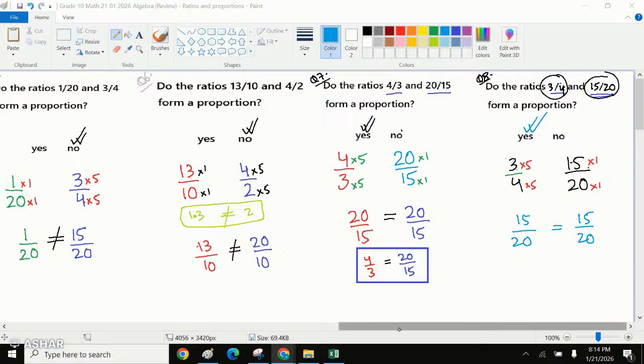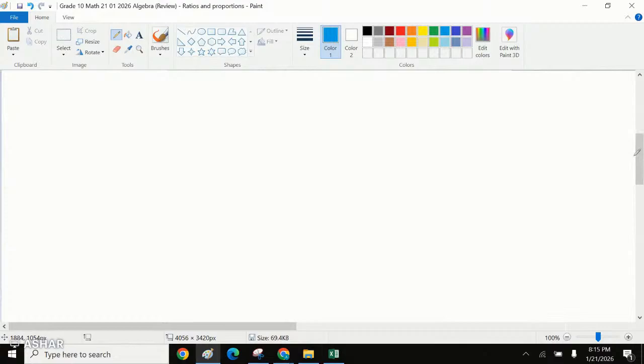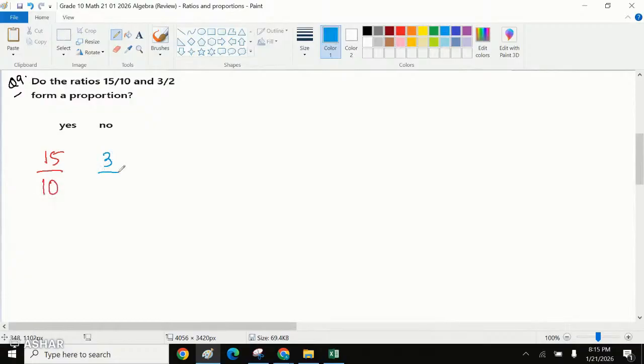Okay. For question number 9, this is our question number 9. I'll realign this and I would say yes or no. Okay. And what they are asking us in question number 9 is, is 15 upon 10 the same as 3 over 2?